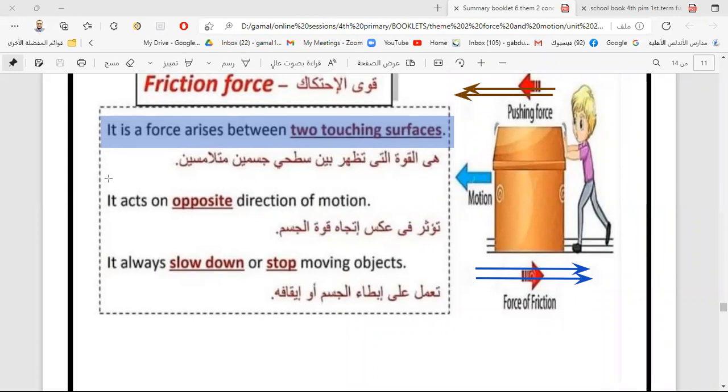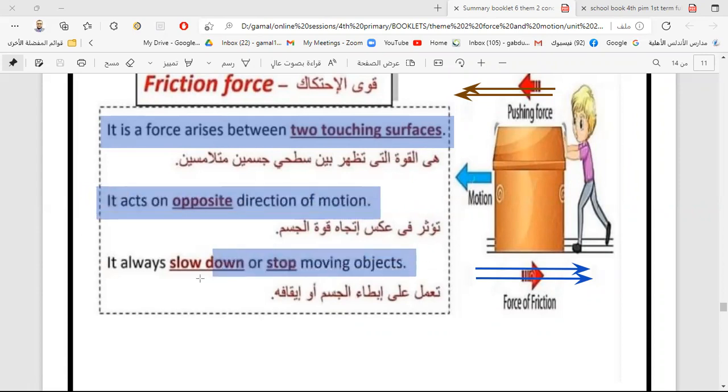Okay? So the friction is in the same direction of movement or in opposite direction? Opposite direction. Very good. And the friction slows down the motion or speeds up the motion? The friction slows down the motion because it is in opposite direction.